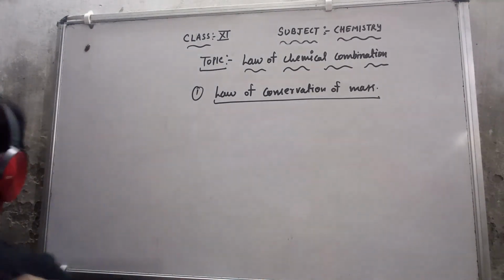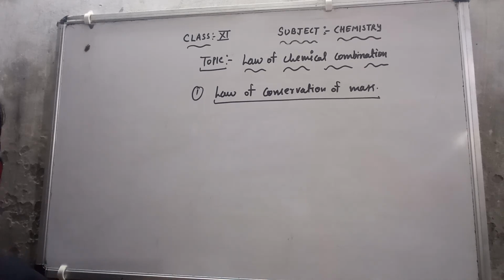If I talk about the law of conservation of mass, according to this law, the mass of the reactant and the product side during a chemical change remains the same. That means during any physical or chemical change, the total mass of the product is always equal to the total mass of the reactant.